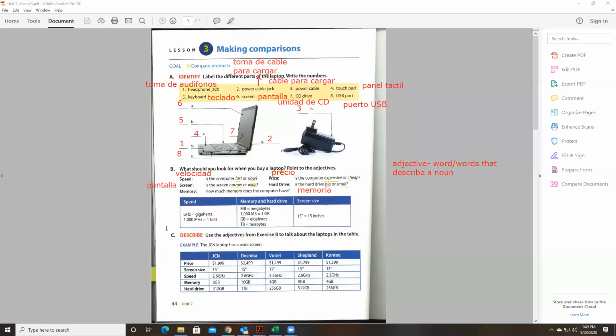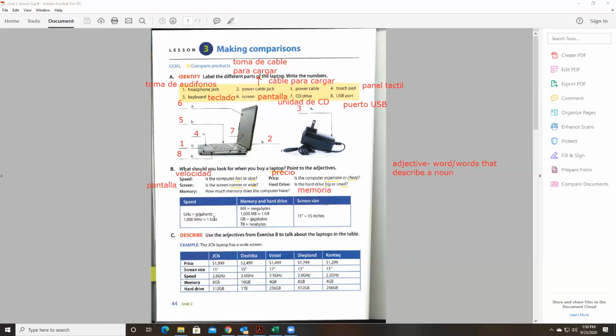So you have some things here to look at. For speed, it says you have GHz or gigahertz, and 1000 MHz is equal to 1 gigahertz.